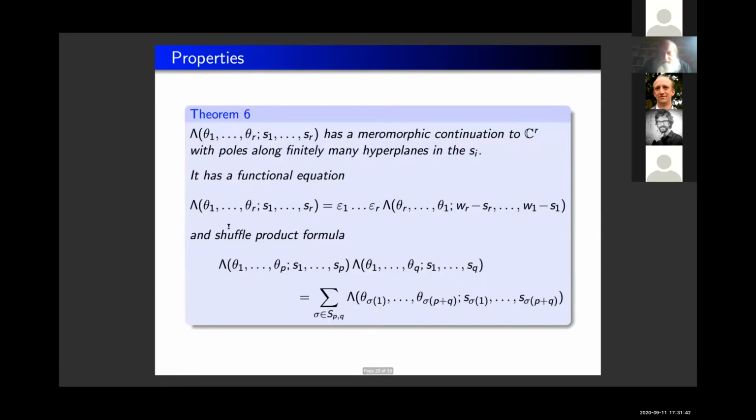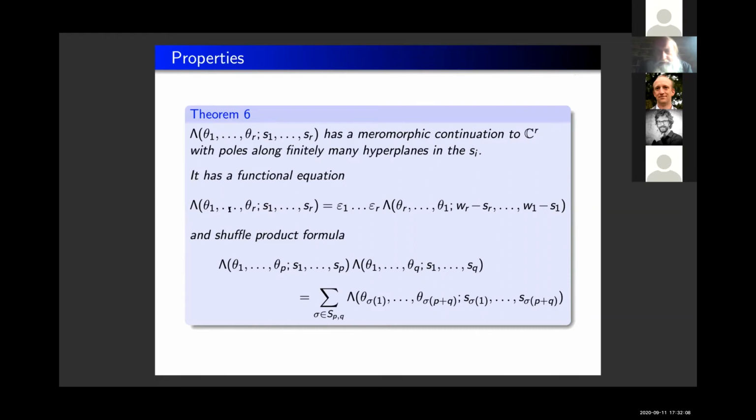Great. So here's a theorem that's, I'm sure, obvious to many of you who know about iterated integrals. It's not a very difficult theorem at all. This multiple mixed L function has a meromorphic continuation to the complex plane in R variables, with poles along only finitely many hyperplanes in the s_i. And you can write down what the poles are and what the residues are and so on.